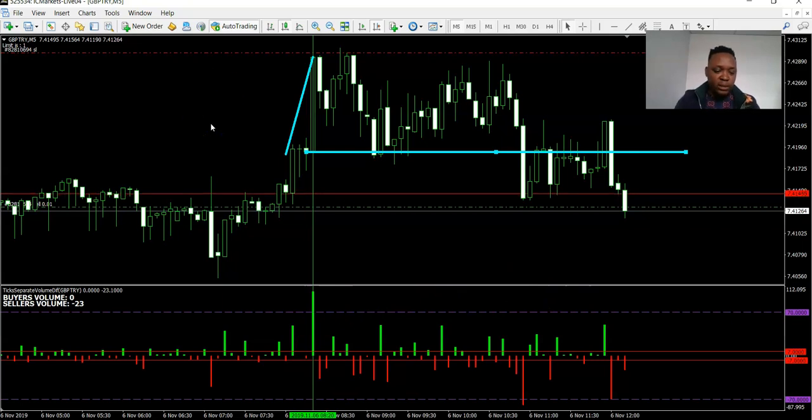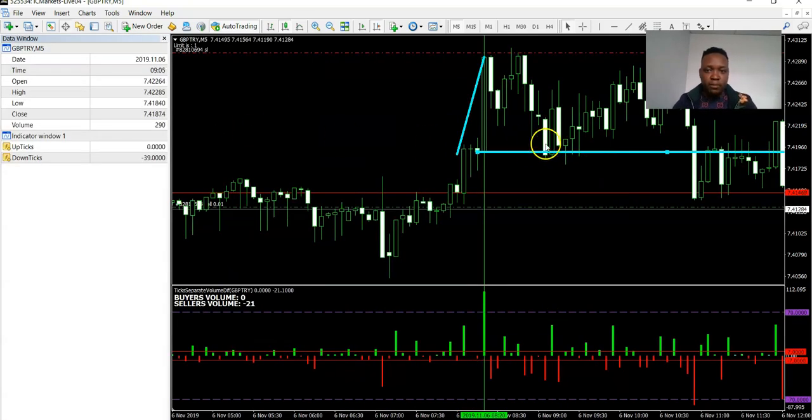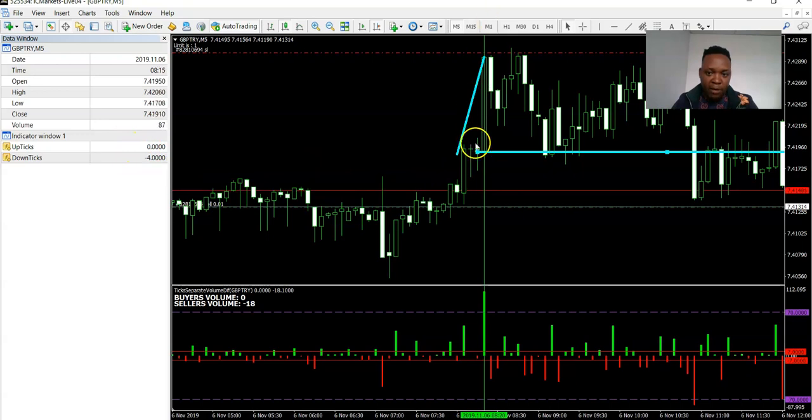So why am I saying this particular zone? Another trick is you hit Control D to go to the data, and then you put your cursor there. If I put my cursor on this candle, you can see upticks were 103 as compared to almost none for sellers in this particular zone. So that tells us that there were no sellers here.